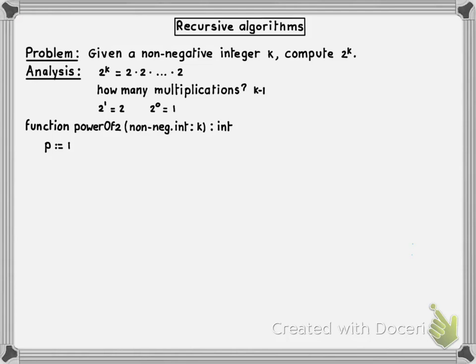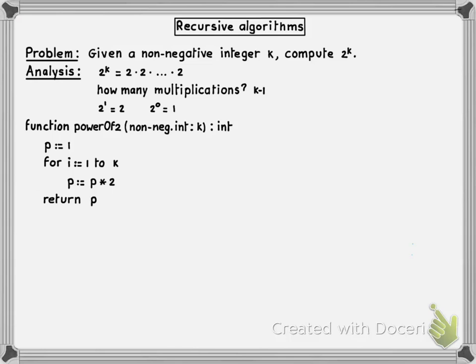Then we're going to have a for loop for i equals 1 to k, and all we need to do in the for loop is to multiply p by 2. Now at the end of the for loop, the final value of this product, that is 2 to the power k, will be stored in p, so we can just return it.